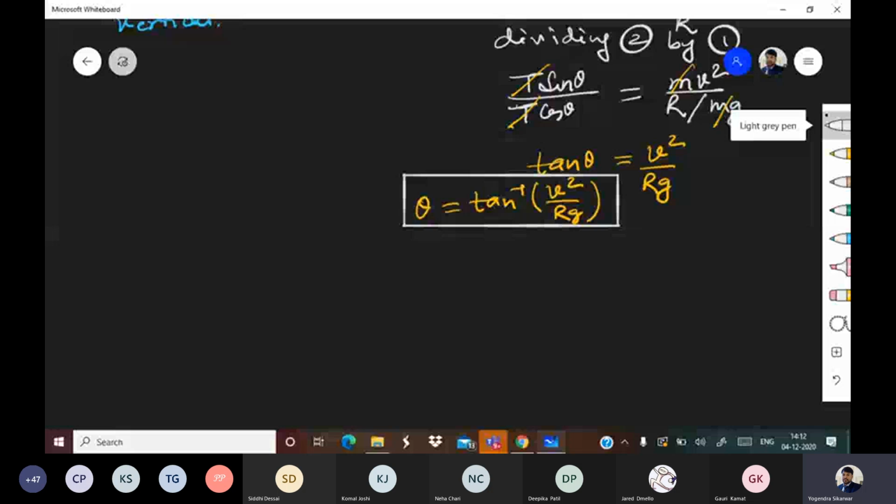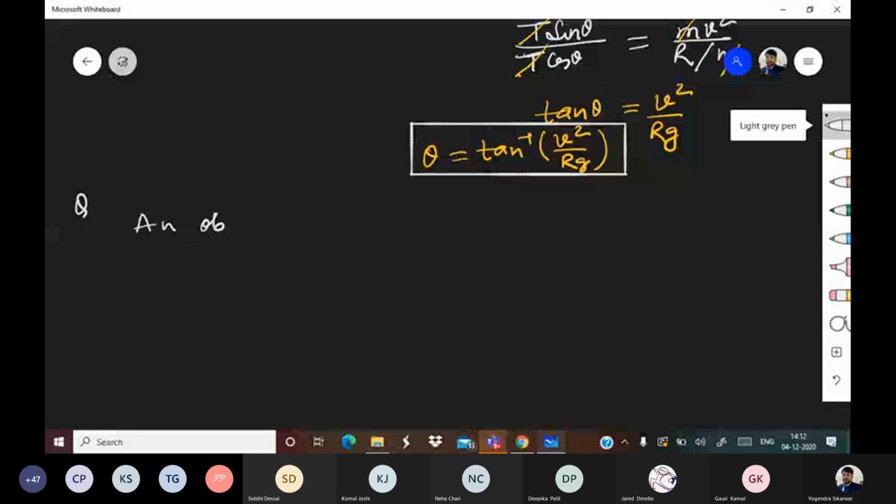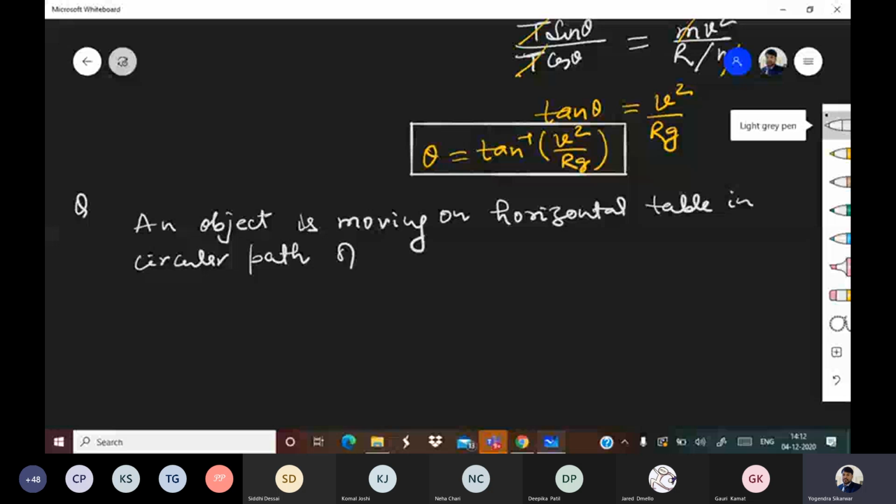Question. So an object is moving on horizontal table in circular path of radius r.